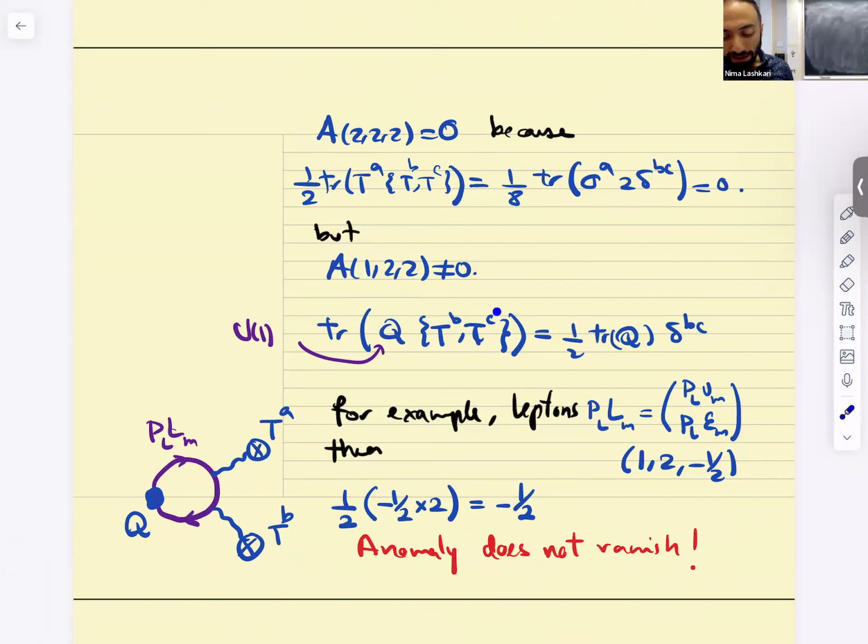So the anti-commutator of T^A T^B is proportional to delta AB, and there's a half that comes out, times the trace of Q. Now, consider, for example, the standard model, where this is the U1 of the standard model, and these are SU2 lefts, right? What runs in the loop? Whatever runs in the loop has to be U1 charged and SU2 left charged. So what's in the matter content of the standard model that's SU2 left charged and U1 charged?